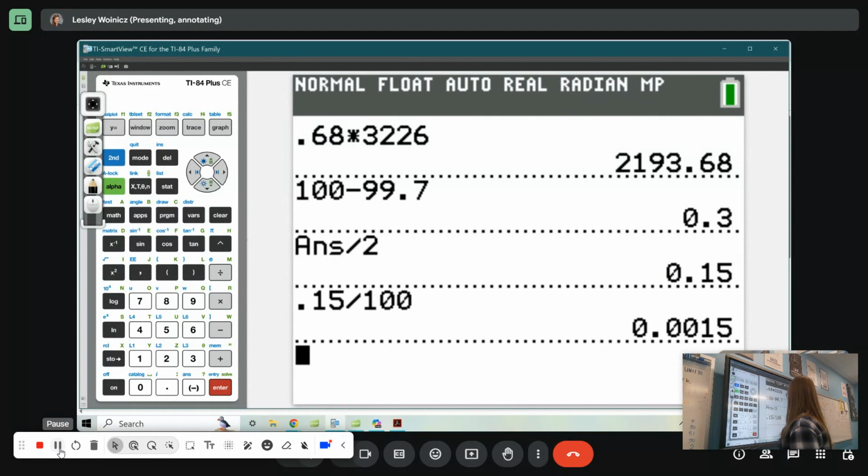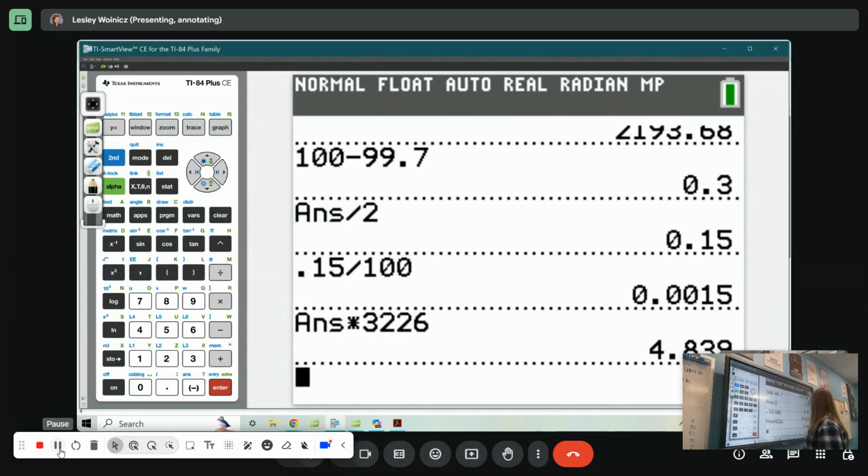And then multiply that by our babies, 3,226. I mean, we're looking at between 4 and 5 babies that are that big.